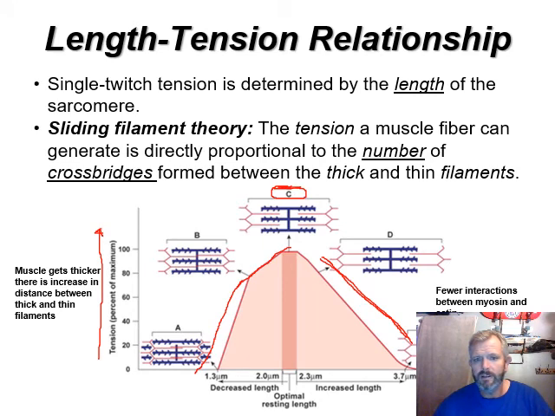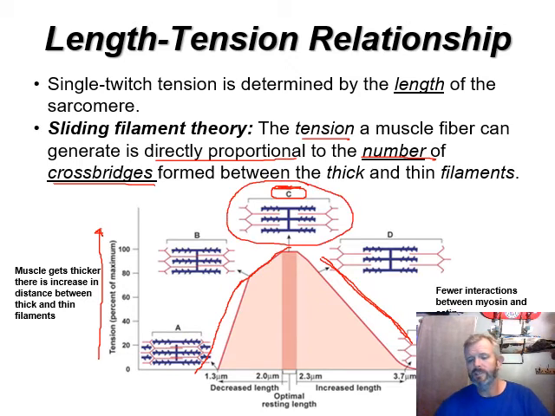The tension produced is directly proportional to the number of cross bridges that can be formed. And C is where that's going to happen. There's the greatest ability to cross bridge, and therefore the ability to form the greatest tension.